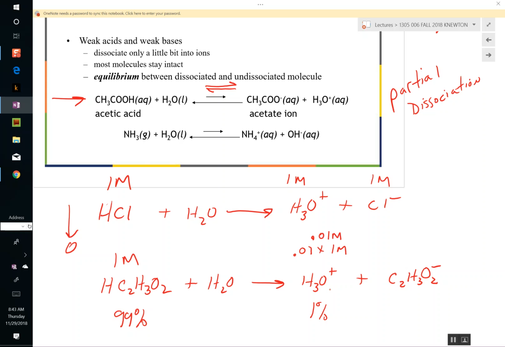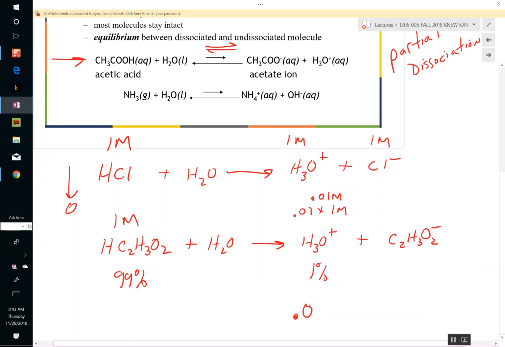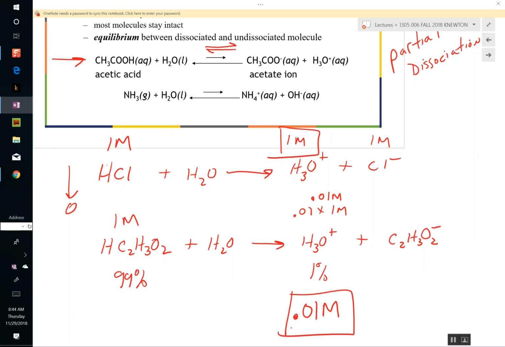Can you follow me on that? Is it too early? All right, that's what makes it weak. Because only 1% of it dissociates, I end up with a solution over here of 0.01 molar hydrogen ion, where on HCl I ended up with something that was 1 molar. 100 times more concentrated. 100 times more acidic.